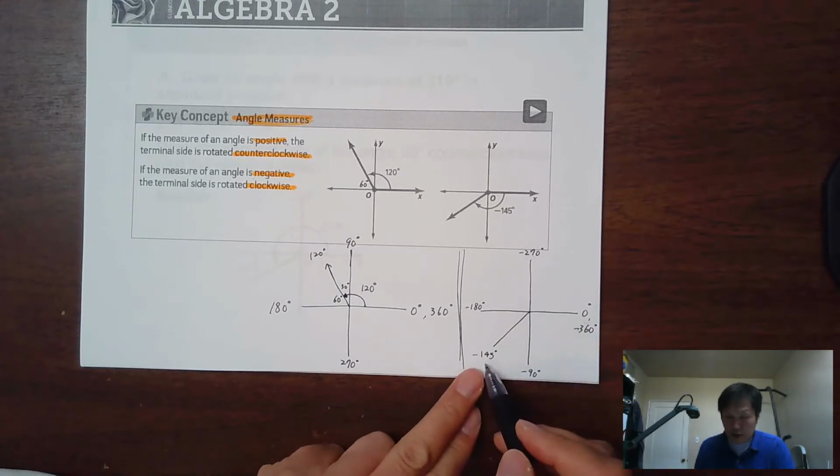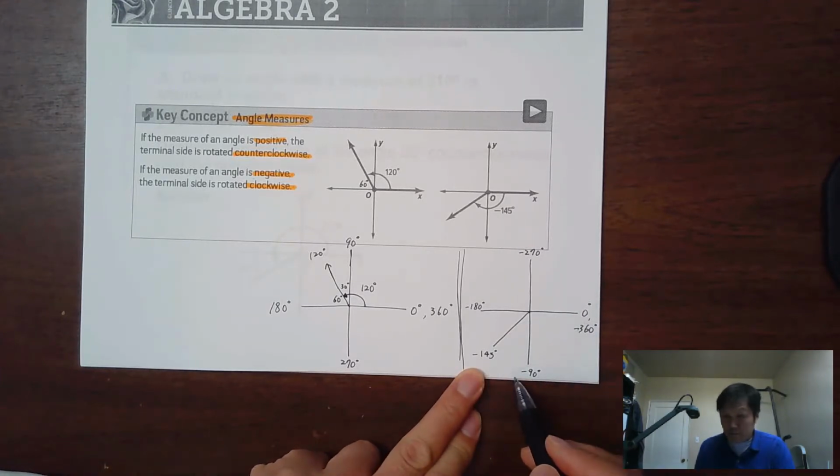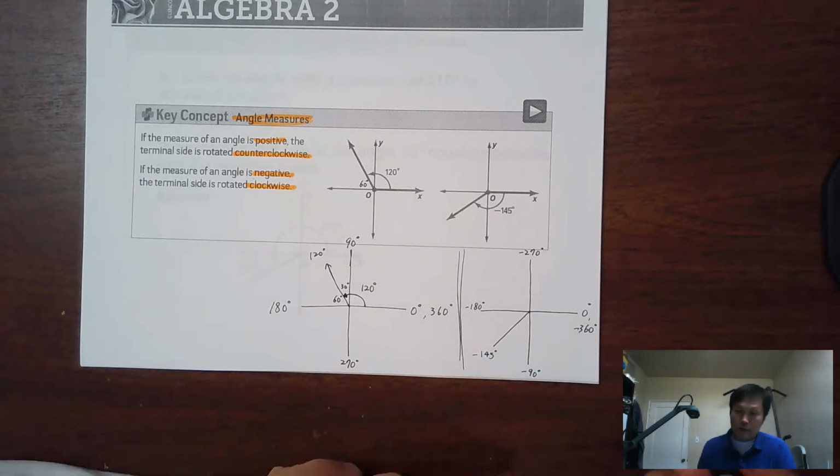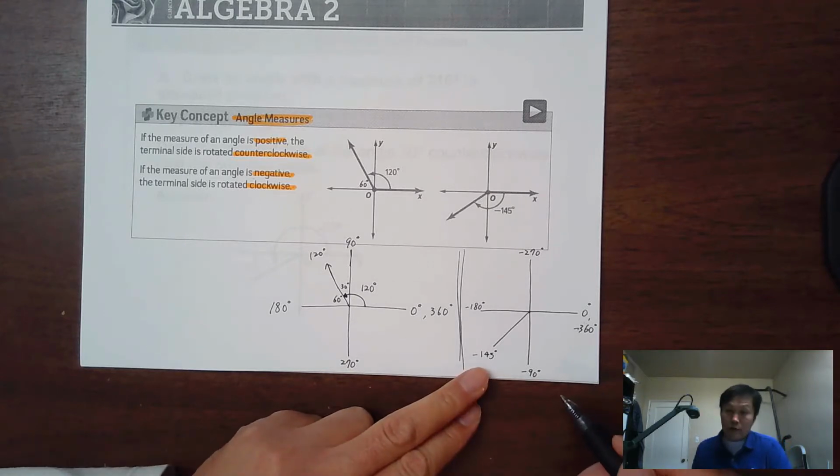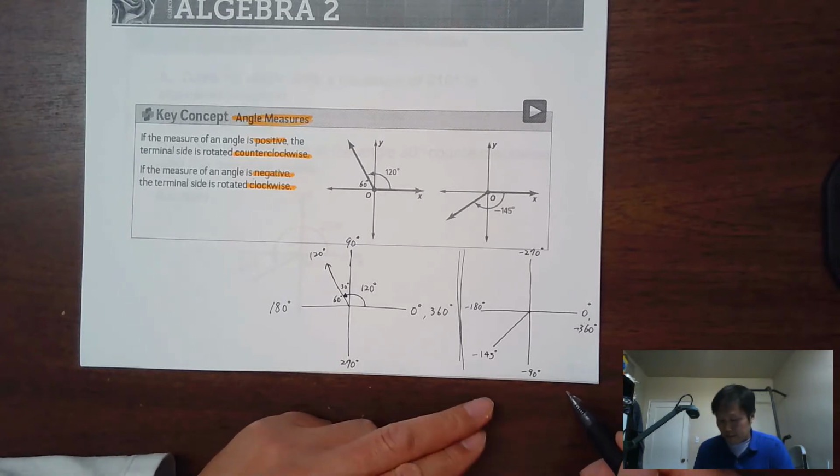You can subtract minus 145 minus 90, or the other way, minus 90 minus 145. You'll end up with 55 degrees or minus 55 degrees.